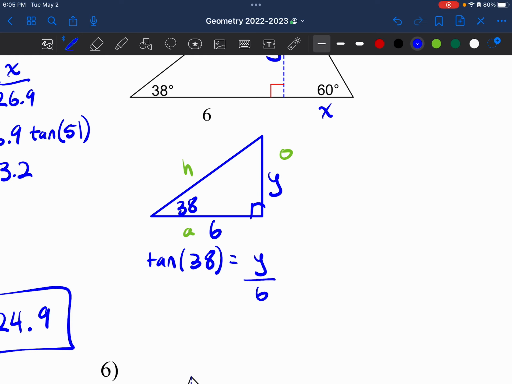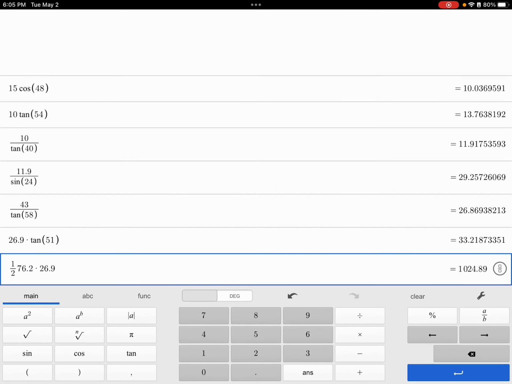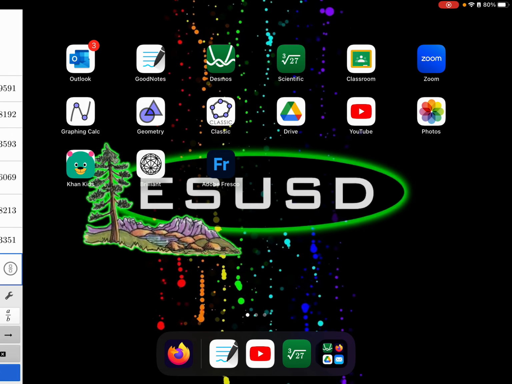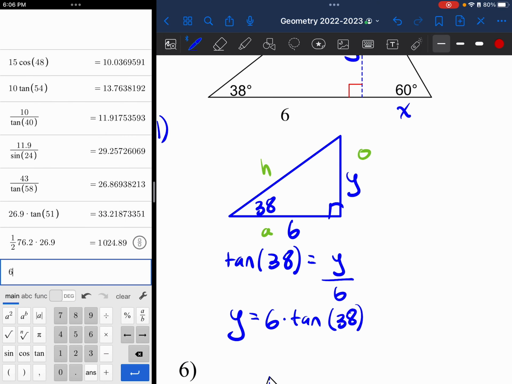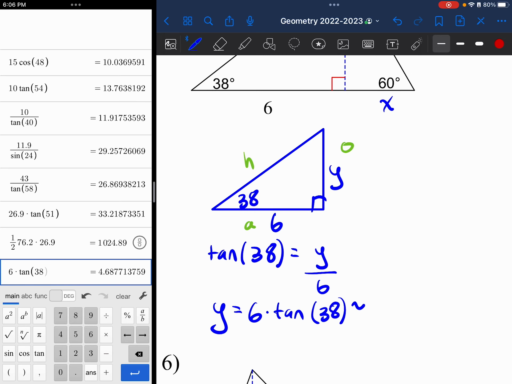Multiply both sides by 6, and y is equal to 6 times tangent of 38. I should really just leave the calculator up on the screen. So I'll leave the calculator on the left-hand side, and I'll put my notes on the right-hand side. That will be more efficient. I'm going to type in 6 times tangent of 38, and this is about 4.7.